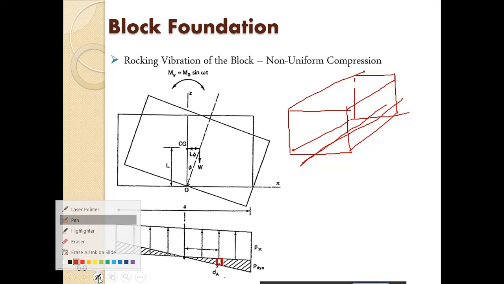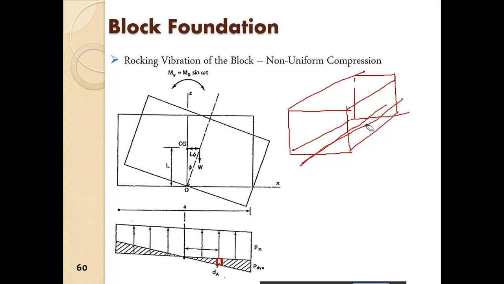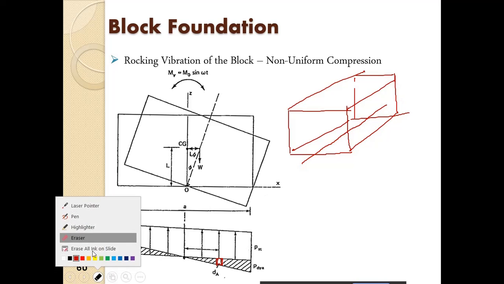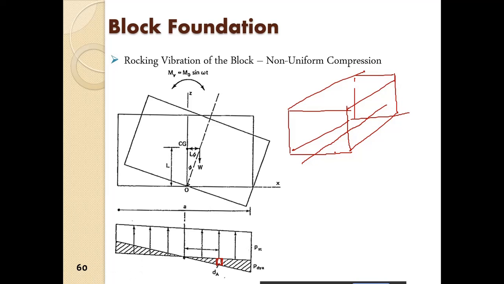Okay, and we have the axis of rotation, the y-axis, and we have a strip here, area dA. So we can consider that to be composed of springs.